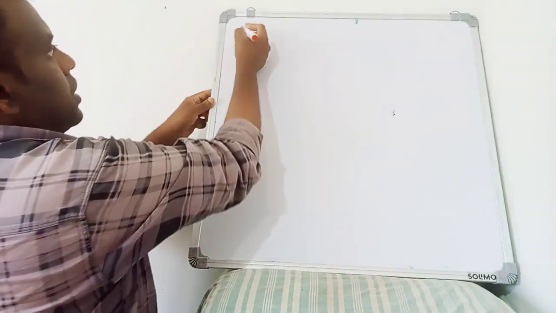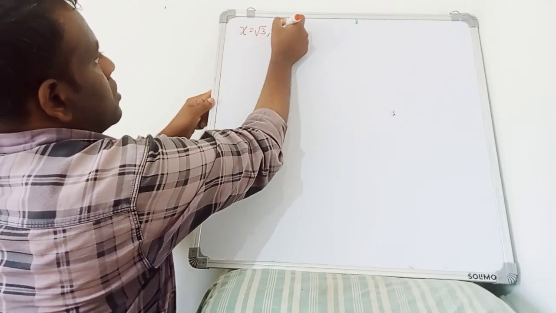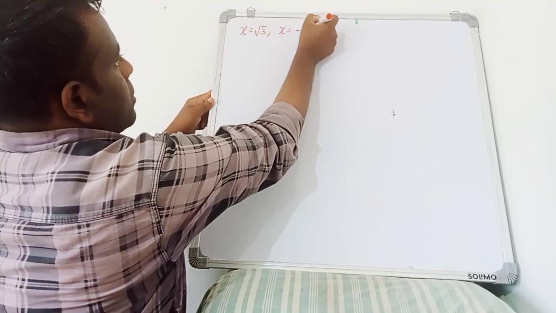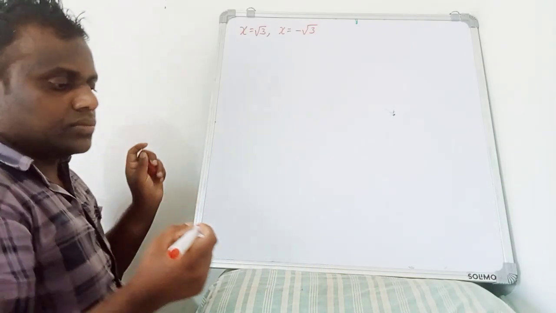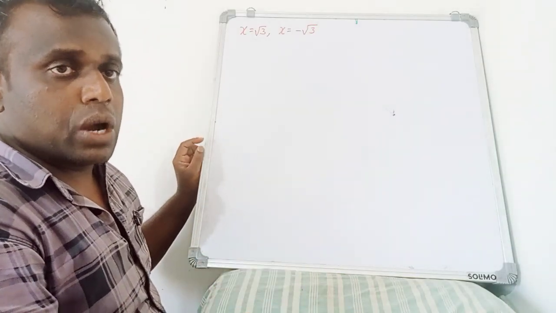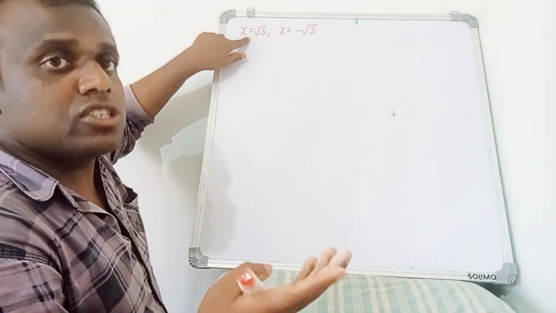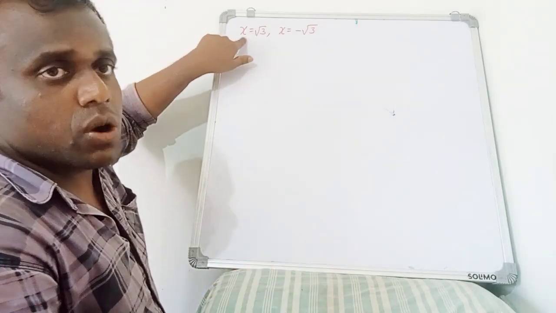So once again I'll write here, we got x is equal to root 3, x is equal to minus root 3. According to the second part of the question, we have to verify the relationship between these x values, that means zeros. These x values are called zeros.